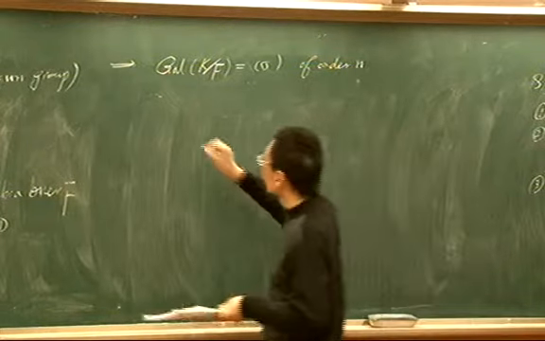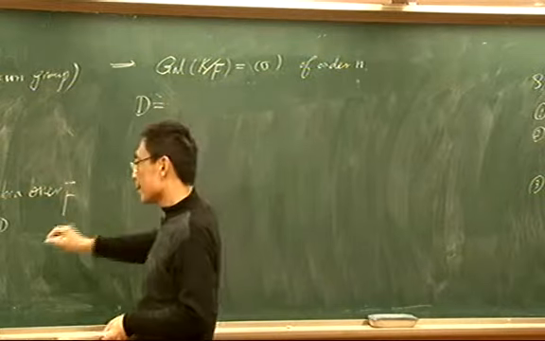Okay, D, we can see this is a vector space.